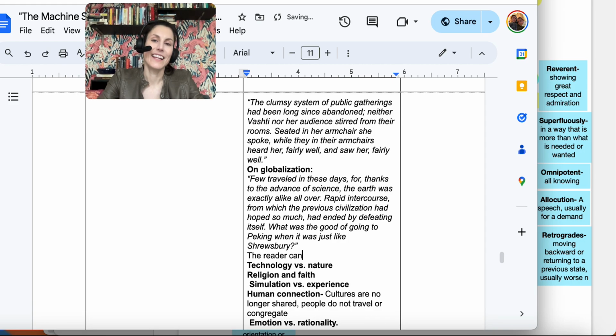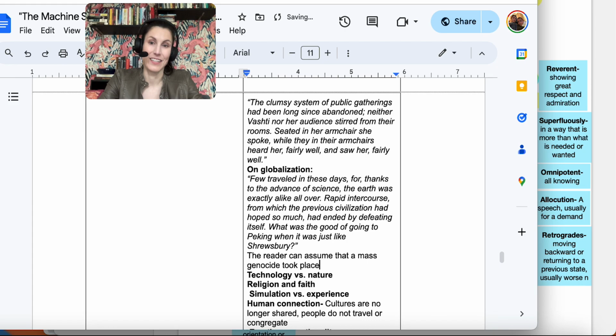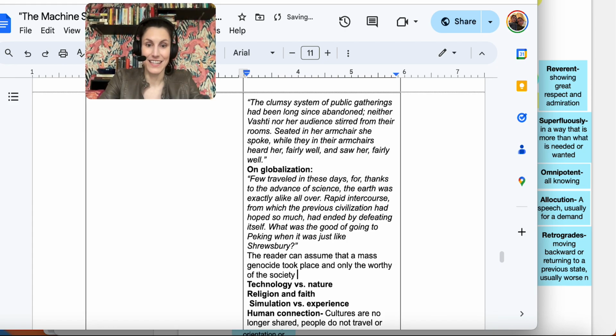The reader can assume that a mass genocide took place and only the worthy of the society and only the worthy around the world were permitted to enter the machine.